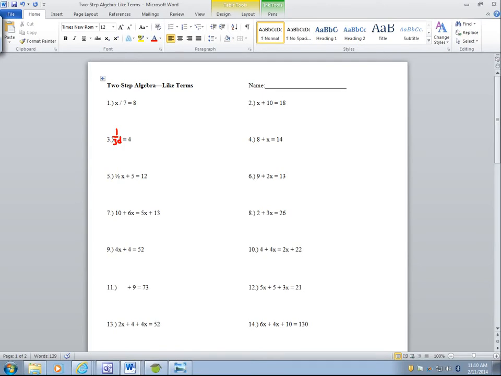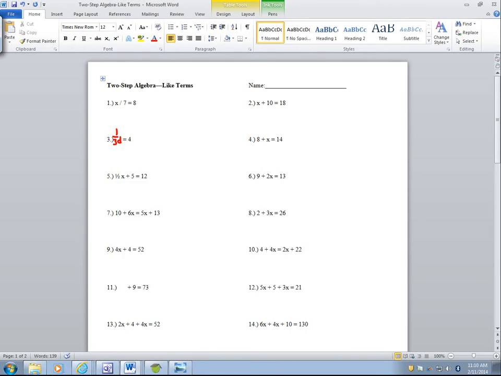Multiply each side by? Yeah. On both sides. D equals 12.